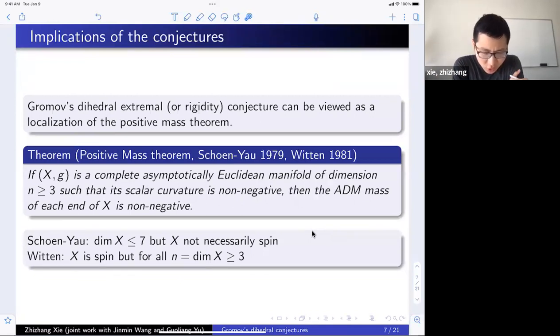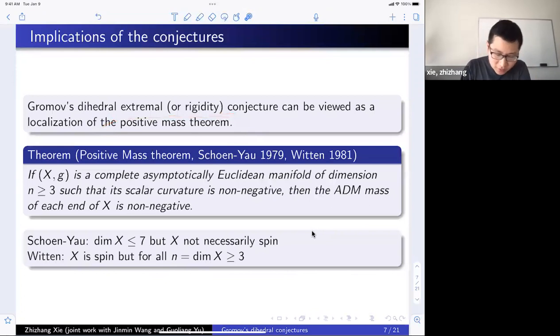Here's an application of either of Gromov's conjectures. The positive mass theorem will be a consequence of either Gromov's dihedral extremal conjecture or the rigidity conjecture. Either one would imply the positive mass theorem.